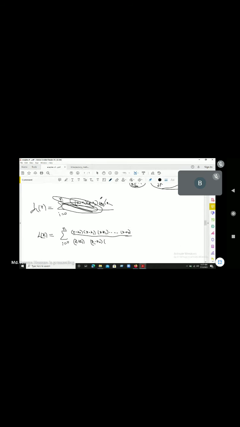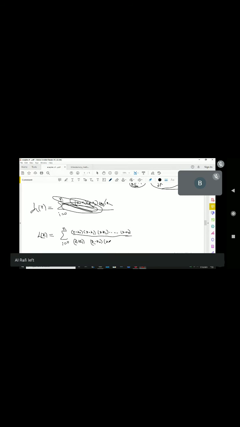Here, just think xi minus x1. Another term is, keep in mind, xi minus xi minus 1, xi minus xi plus 1. There is no xi minus xi. All of you understand? Do you see here? There is no xi minus xi. Keep in mind, okay?